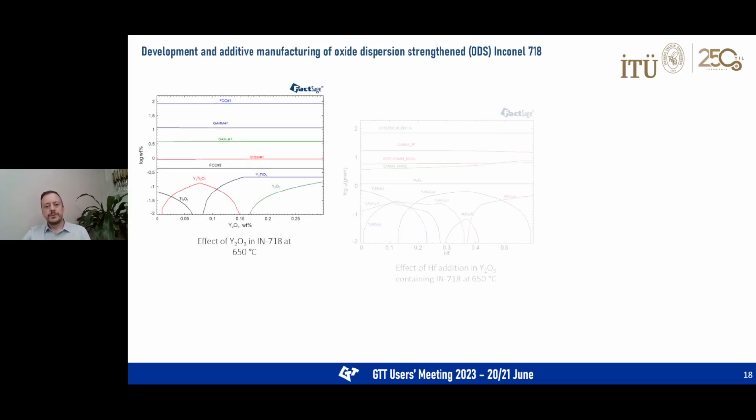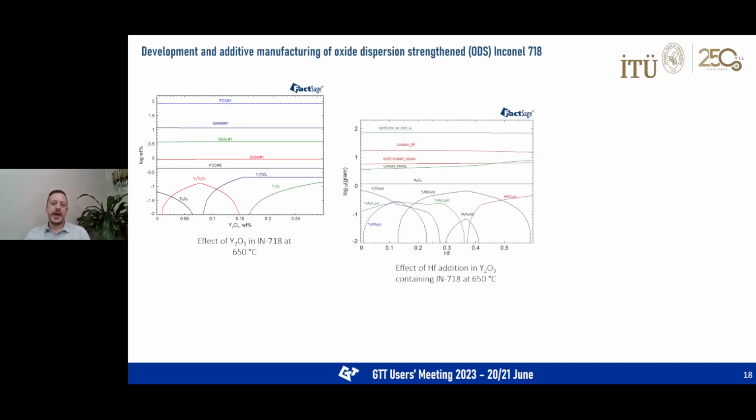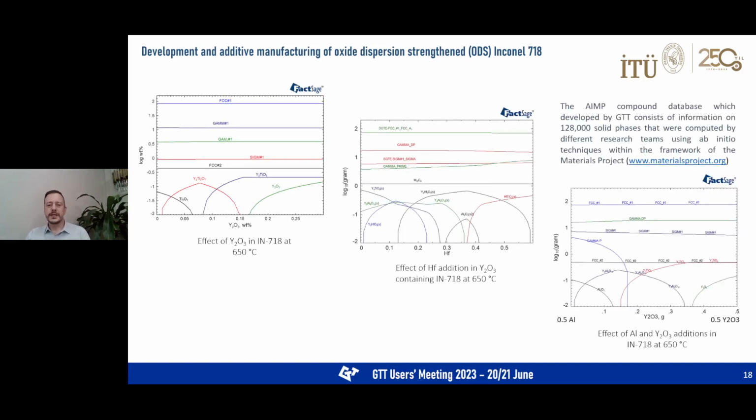We wanted to predict what happens if we add different elements or oxides such as yttrium, yttria, hafnium, hafnia, titanium to obtain nano-sized ternary oxides in the alloys like yttrium titanium oxide, hafnium yttria oxide, etc., which provide the ODS effect.